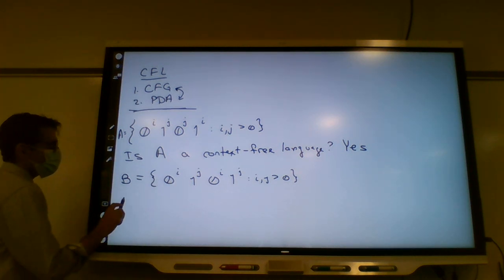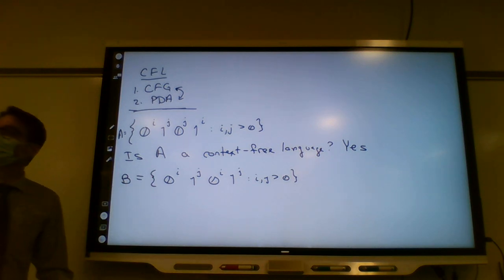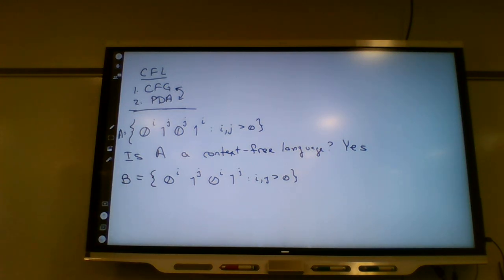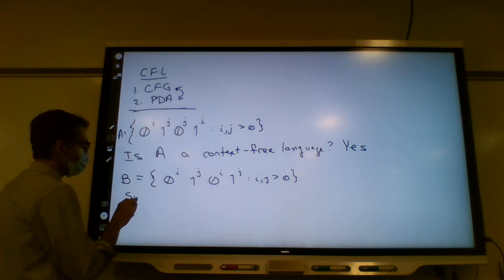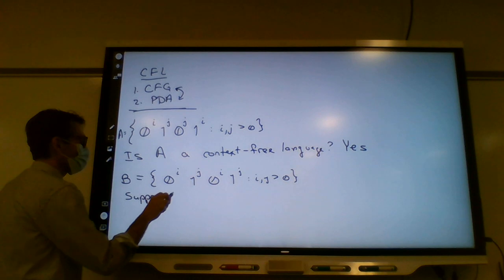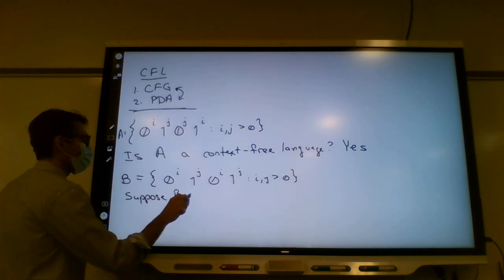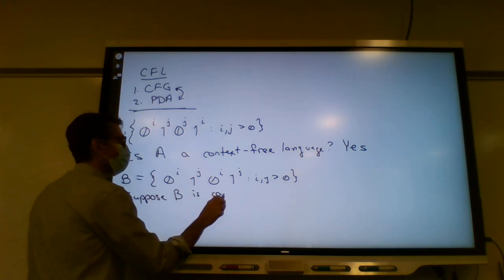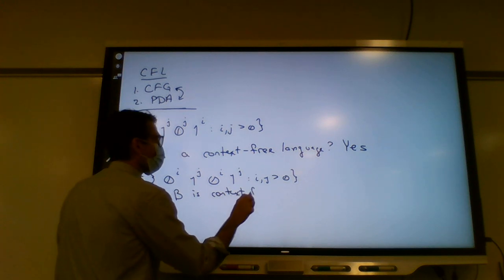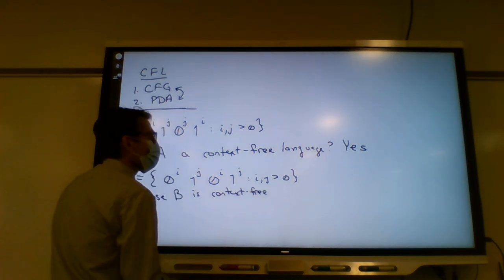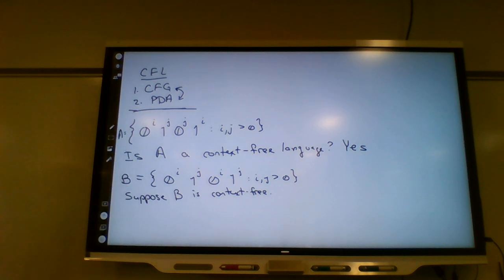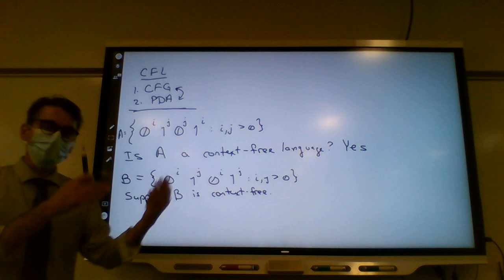In this particular case, let's suppose that the language is context-free. Just pretend for a minute, right? That means that any string that's long enough can be pumped, right? So that we would have these portions, you could make it longer or shorter.